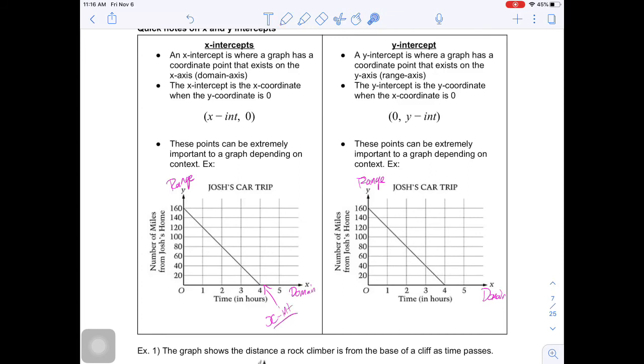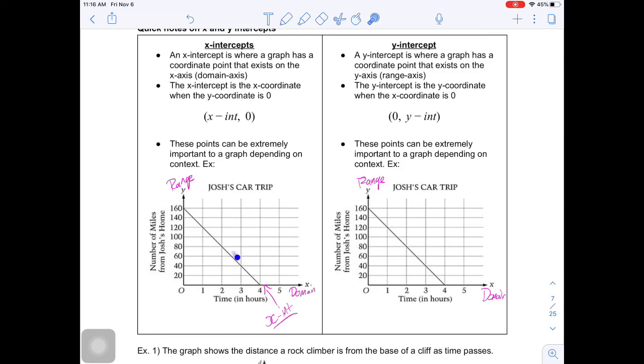Okay, and again, depending on the context, this can be a really important point. So here, we can see that this graph is Josh's car trip, and this is the number of miles from Josh's home. So it looks like he's 160. And now what's the problem here? Well, actually it states these are miles. So this is 160 miles he's away from home.